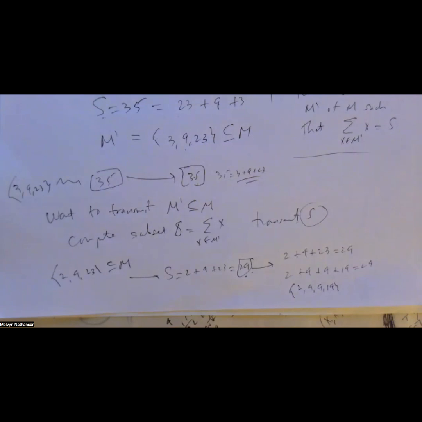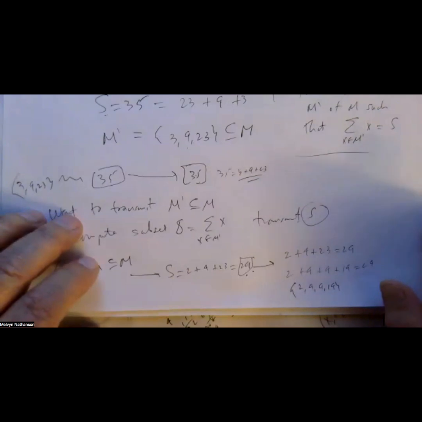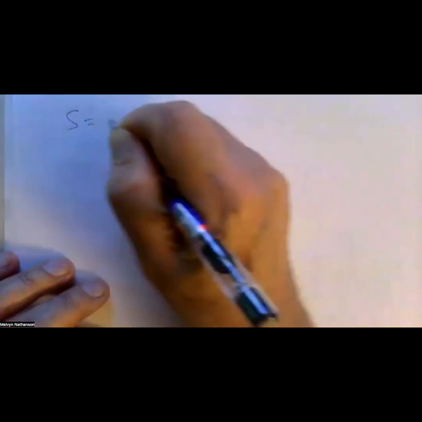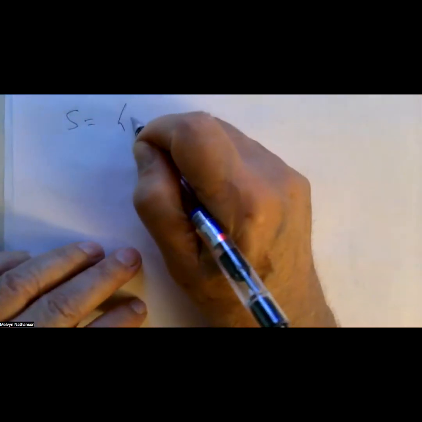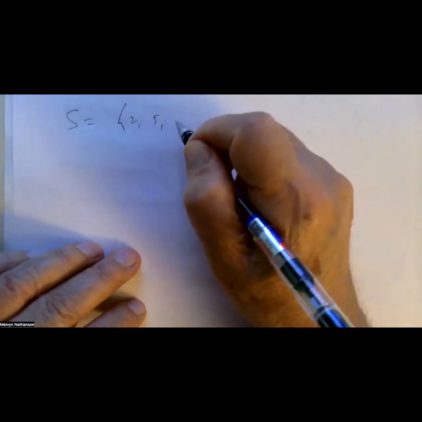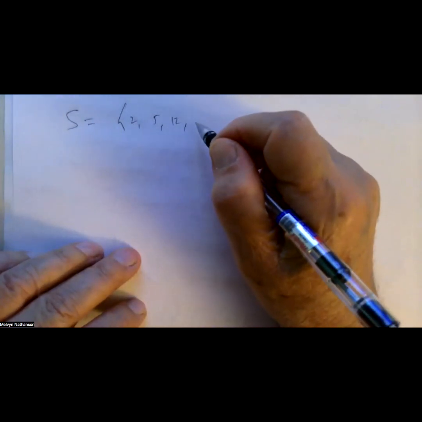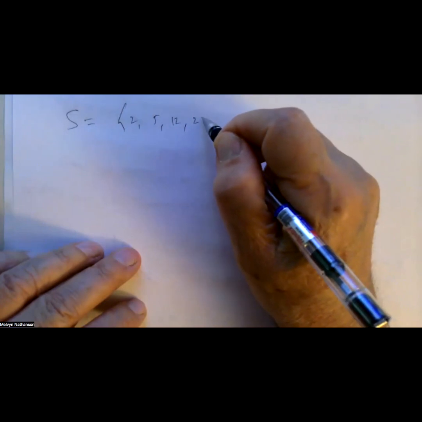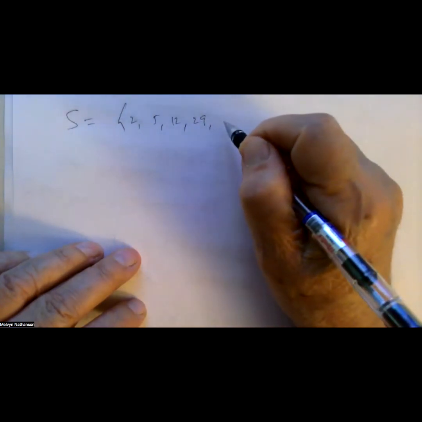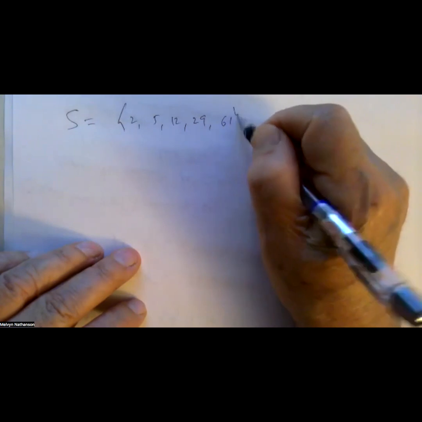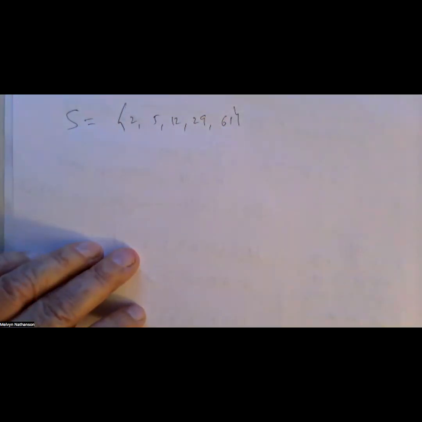Right. But does everyone understand this notion of a subset sum? So let's take another example. Suppose M is the set 2, 5, 12, 29, 61.